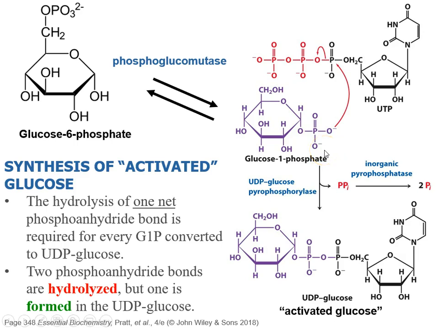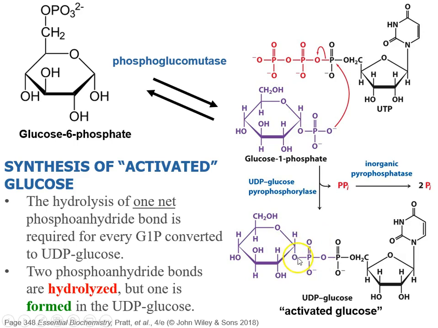Then the next thing we need to do is synthesize activated glucose. We're going to use UTP, energetically equivalent to ATP, and this oxygen is going to nucleophilically attack this phosphate, and then we are going to have pyrophosphate as a leaving group. And that means we have UDP glucose. So here's our glucose 1-phosphate.